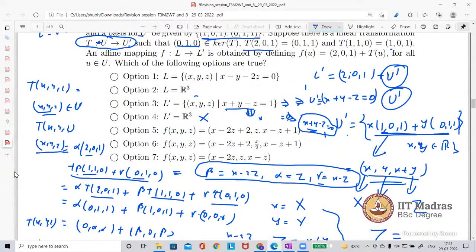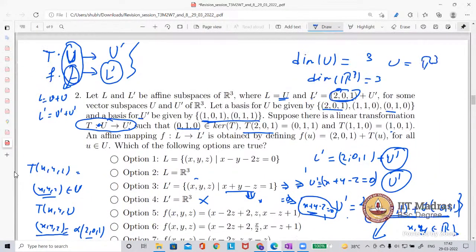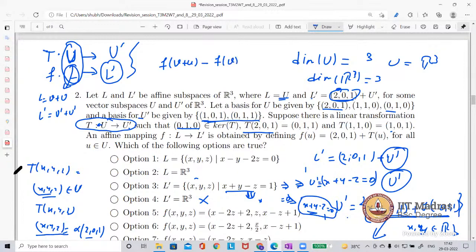So now what will be? Now we still need to find f. As I just said, f of v minus f of u equals t, as we were discussing previously. That is gu here. Let me show you a video first.